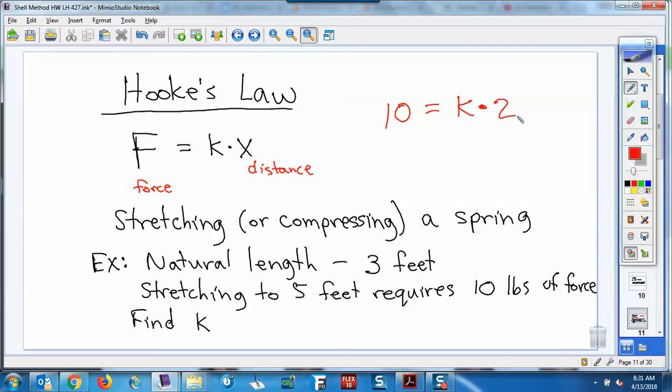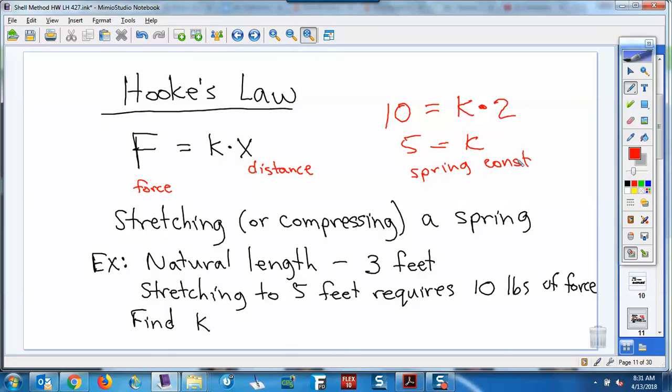If it had said stretching it 5 feet, that's different, right? That would have been stretching it out to 8 feet. Okay? So you've got to read it. The X value here is how far you stretch or compress from its natural length. So we stretched or compressed it 2 feet. And so K would be 5. And that would be called the spring constant for that particular one.